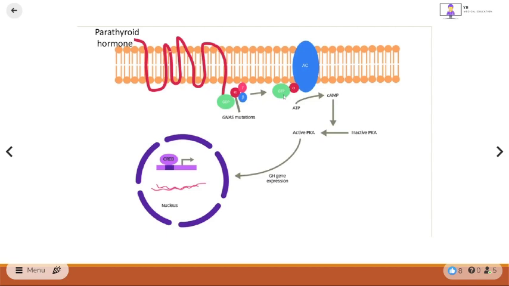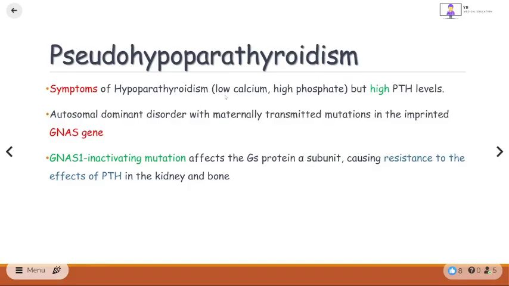So the body tries to compensate by increasing the levels of parathyroid hormone. So you get high levels of parathyroid hormone, but it doesn't work. So you get low calcium, high phosphate. So it's called pseudo-hypoparathyroidism. Okay, so it's the GNAS1 gene, and GNAS is basically the G protein alpha subunit.